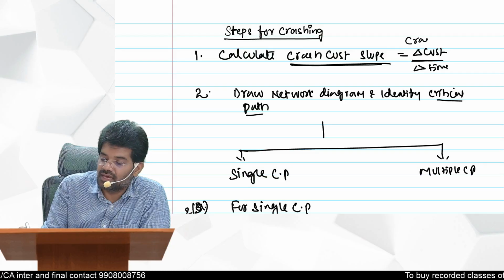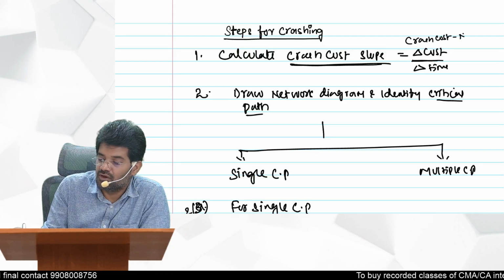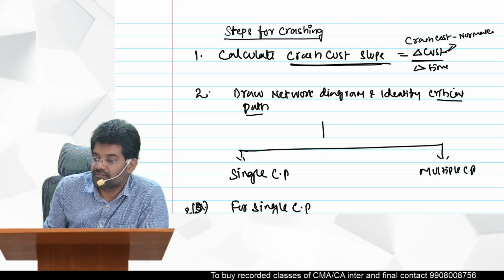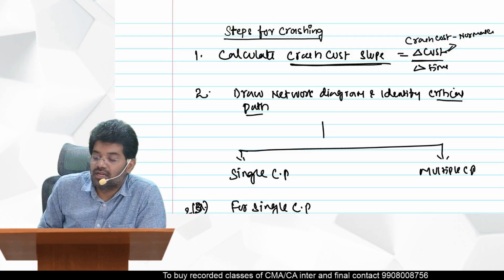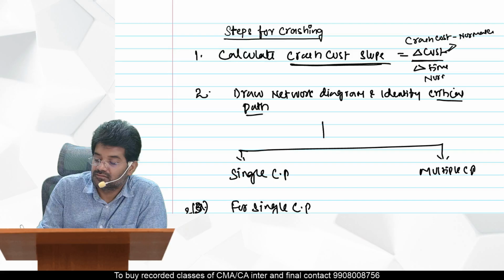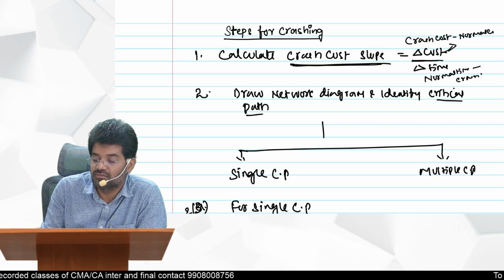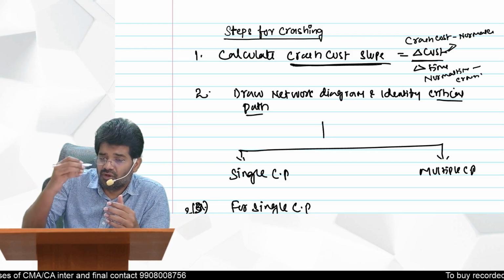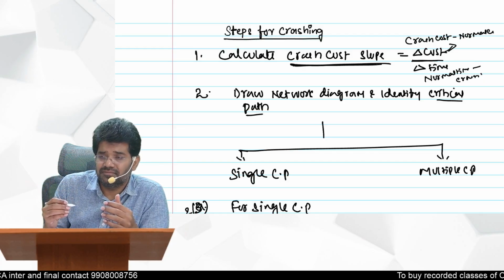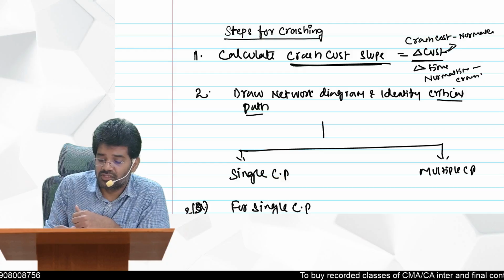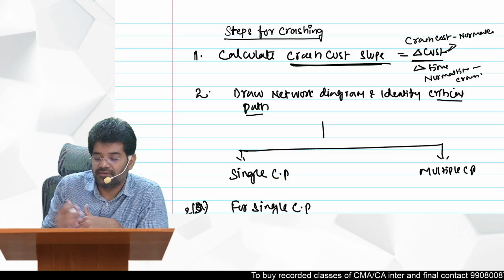Crash cost minus normal cost. That is how you get change in cost. How do you get change in time? Normal time minus crash time. This is how you will get crash cost slope, because cost is the criterion for us to crash the activities. This is the first one. You should calculate crash cost slope for each activity.